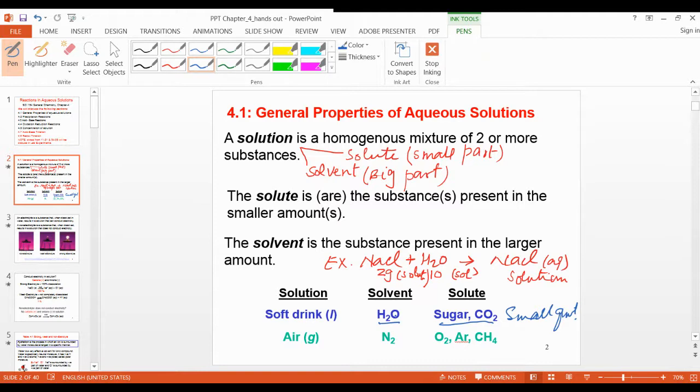How much percentage? 78, right. Or 73, 74, it is like this. And other gases are oxygen, argon, and methane. Whatever gases are there in the mixture, those are solute. So remember that small things are solute, big things are solvent.